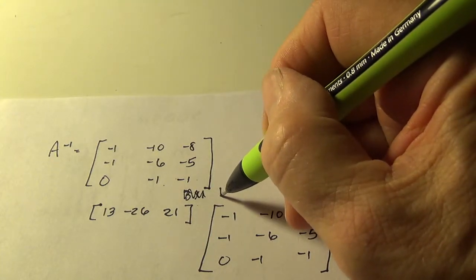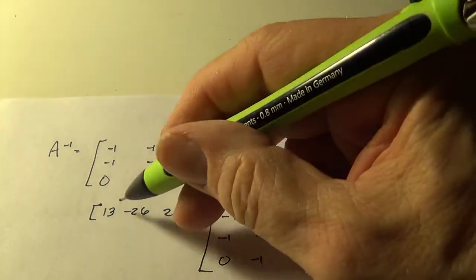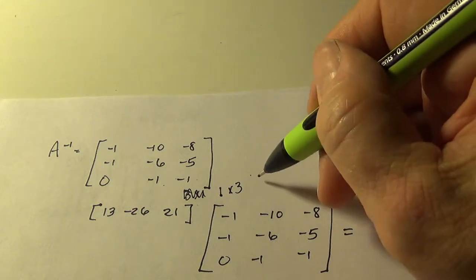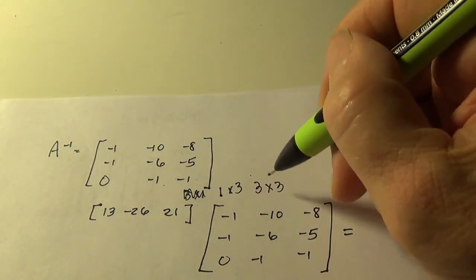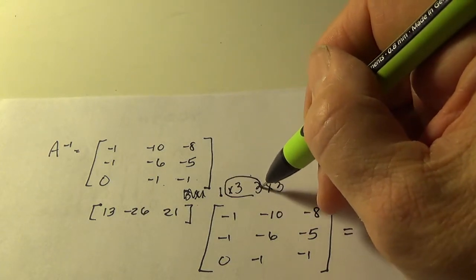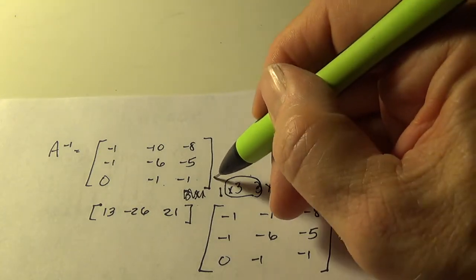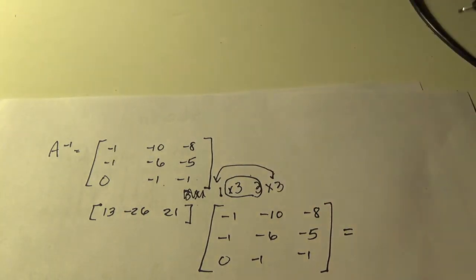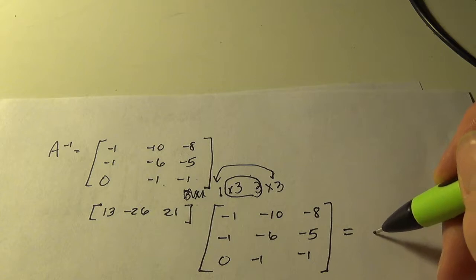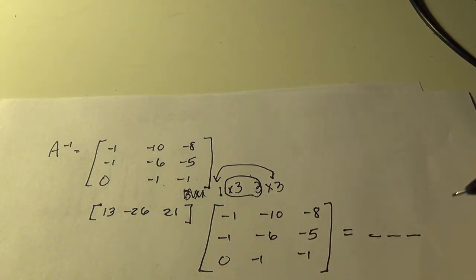It's 1 row, 3 columns. And this one is 3 rows, 3 columns. We learned if these match, we can multiply, and the result is this size. So that's a 1 by 3, 1 row, 3 columns. When I multiply that, I'll get 3 very special numbers.